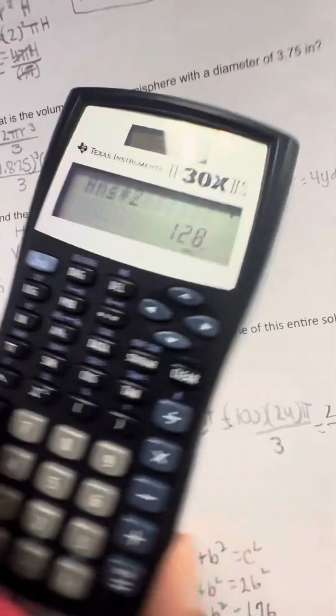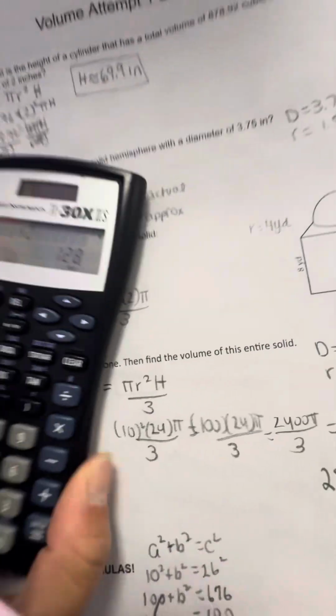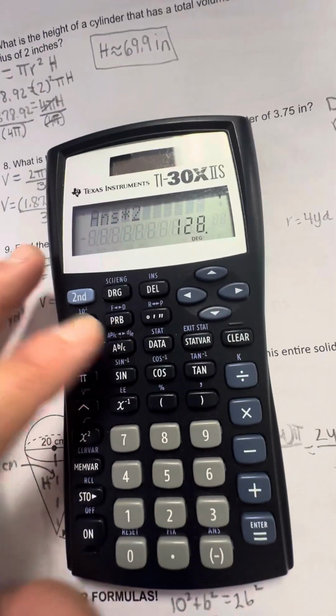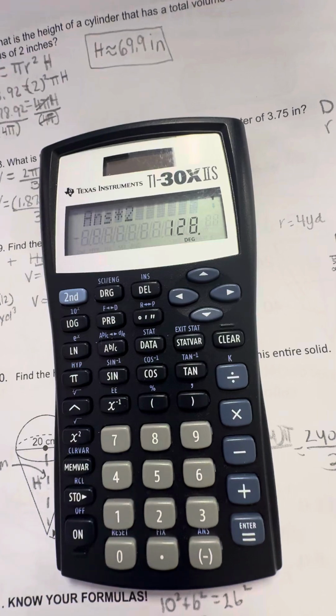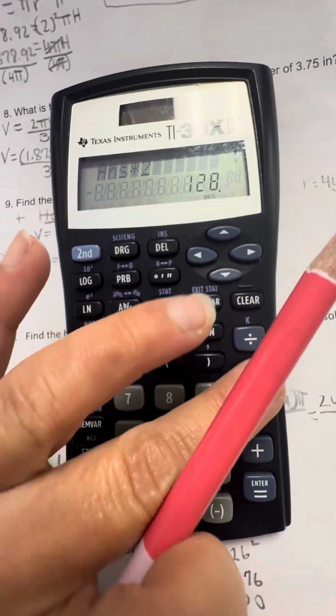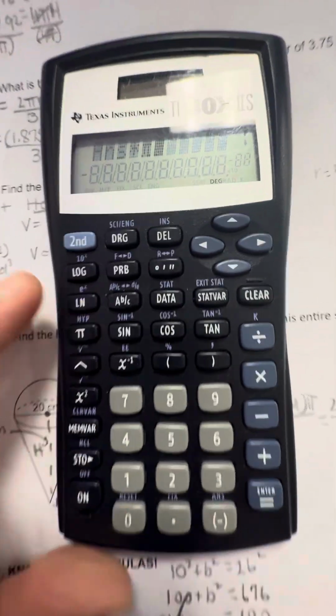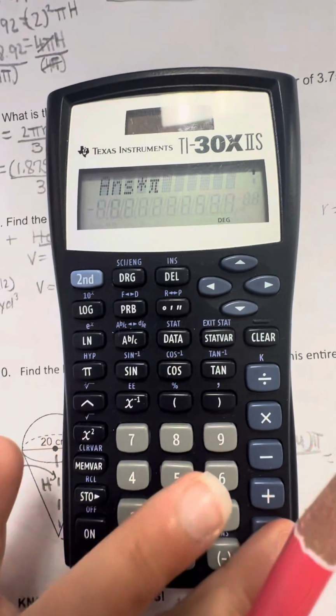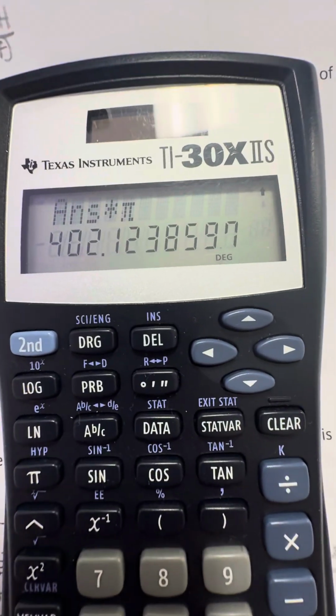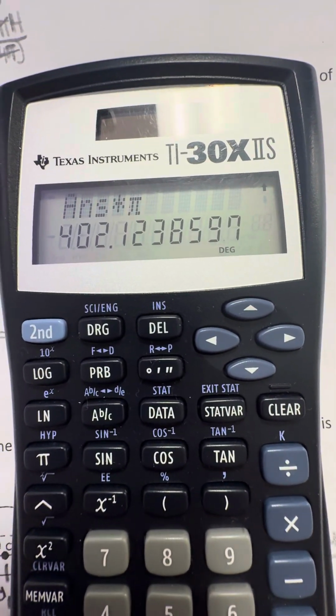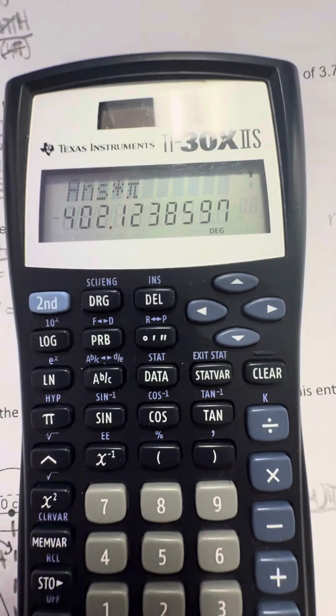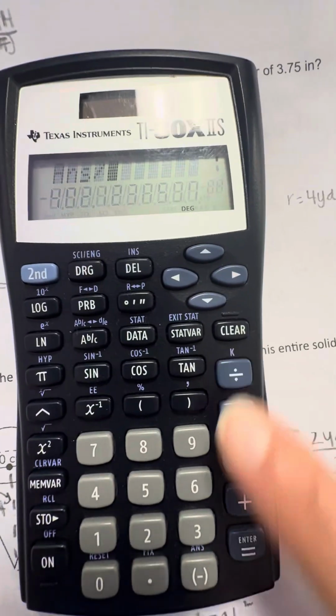And then I see if I can divide by 3 just to see if it comes out nicely. Now we're doing composite shapes, so I can literally just go times pi right now and get my answer, which is that whole number. Do not cut it off, leave it the way that it is. And then we're going to divide this by 3 so we can get our approximate answer.